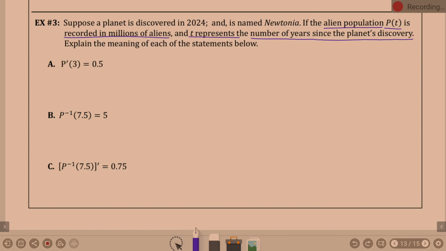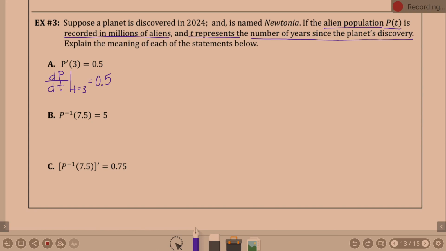And P prime of 3, if you wanted to change that, would be dP/dt when t equals 3, which is equal to 0.5 or 1/2.